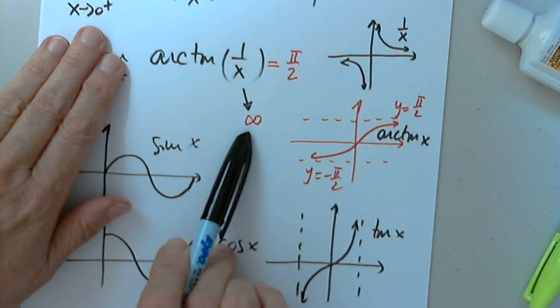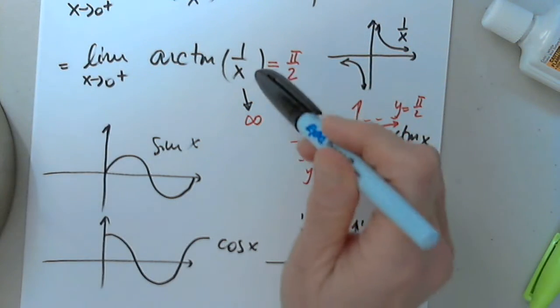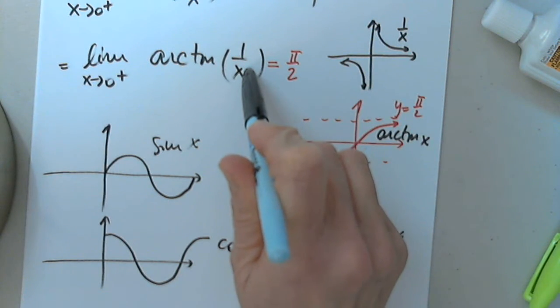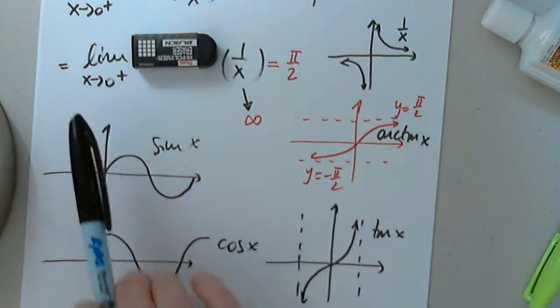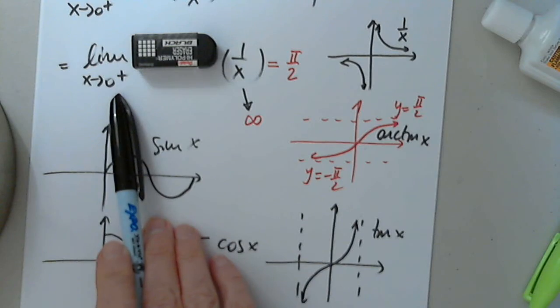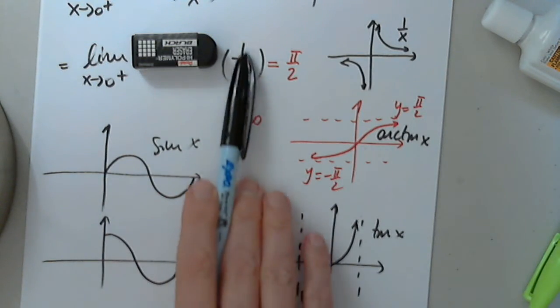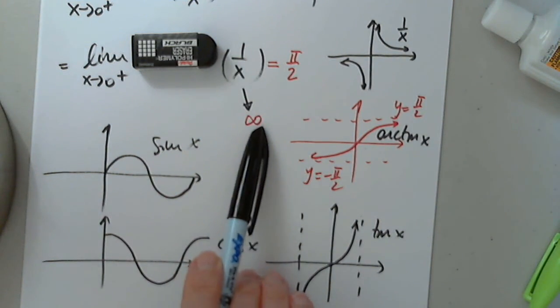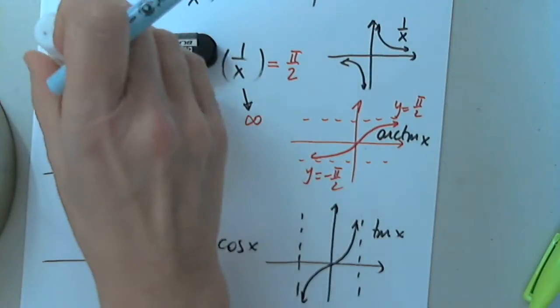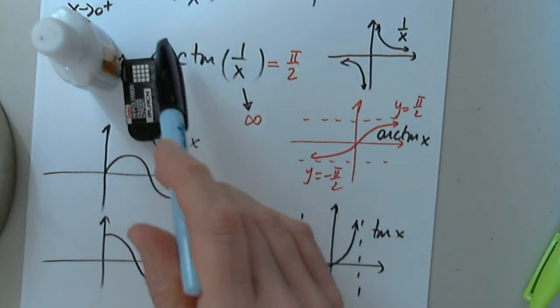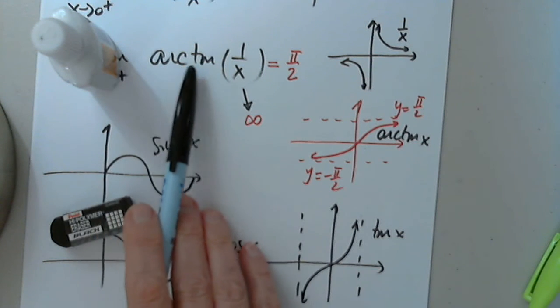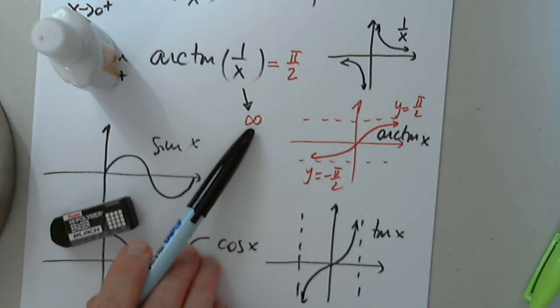Oh. So that's why we start from the inner function. So first, when x approaches 0 from the right, we are talking about this, which is infinity. Now I'm done with this. This is gone forever, for a moment anyway. Now I'm talking about arctangent of infinity.